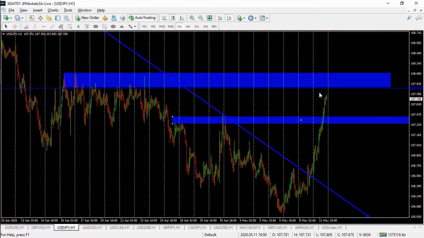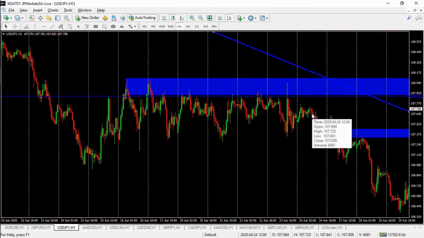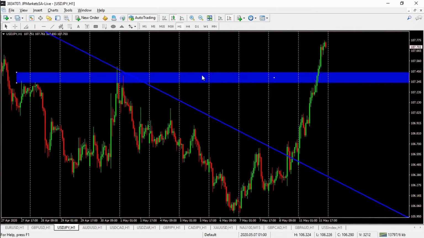So what we might see here is that it retests again and continues the trend. But for a day trader, you would have been looking to catch the breakout out of this whole structure, and looked for this retest to join into a trade.